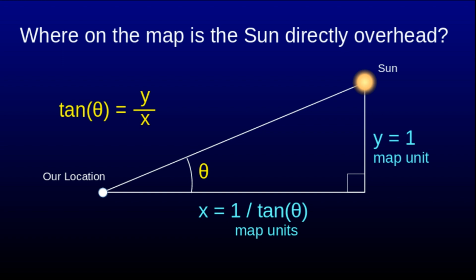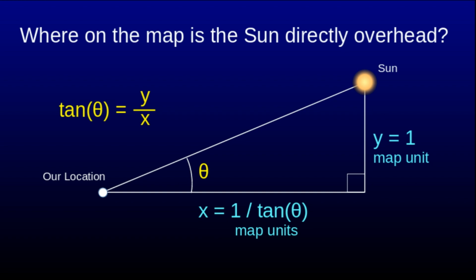And then for that measurement and for that time, the distance between your location where you measure the sun angle and where the sun is directly overhead, that distance will be 1 divided by the tangent of theta meters.